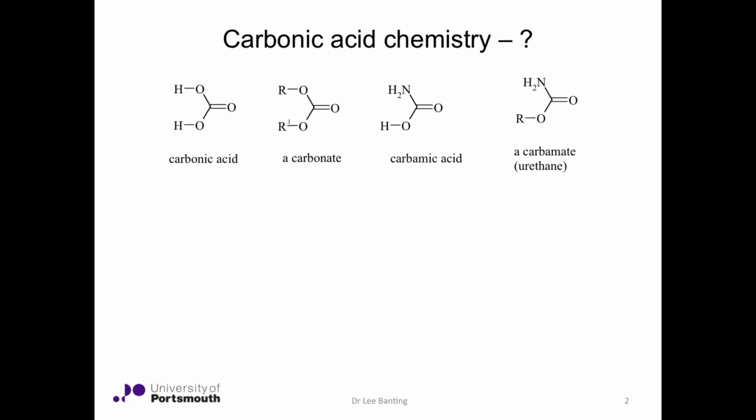And a carbamate, trivially known as a urethane as well, is a substituted system either on the O or on the N or on both. They would all be referred to as carbamates, but they would be substituted carbamates, and we will see how that comes about later on.